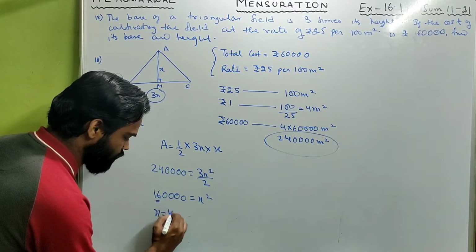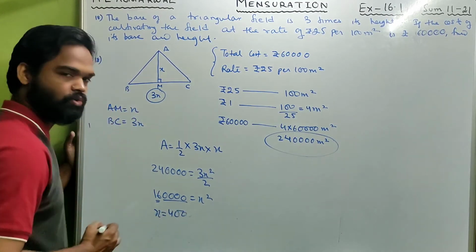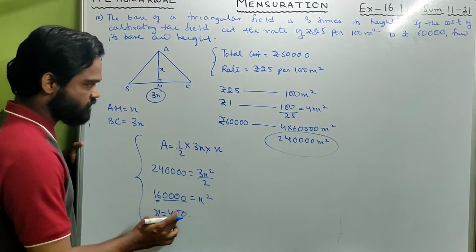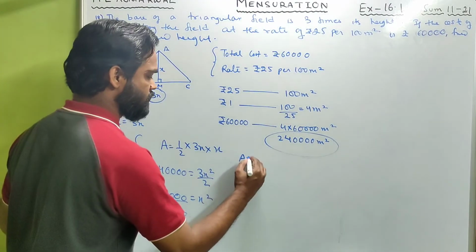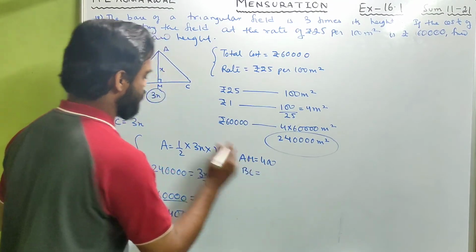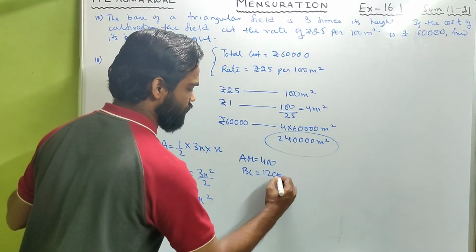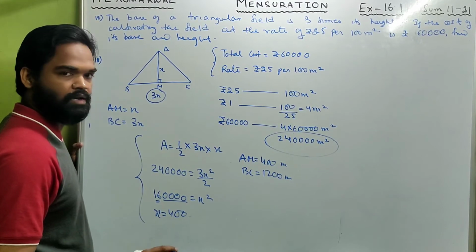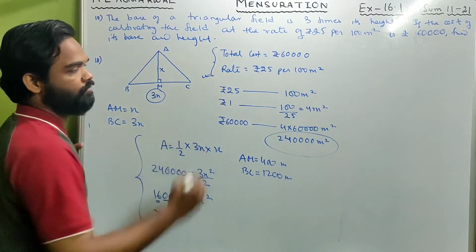So 16 root will be 4, and 4 zeros, 2 zeros will come. Okay, so x is 400. So your height will be 400 and the base will be 400 into 3, that's 1200 meter. Quite a big field, okay? Clear? This was important, okay?